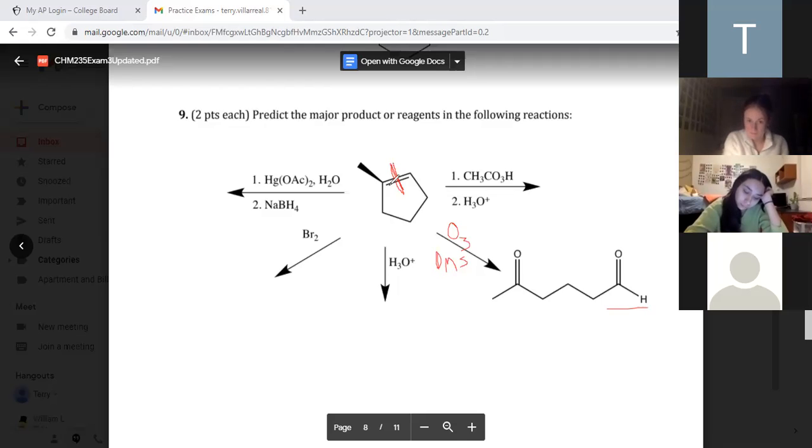All right, and for our last one, CH3CO3H plus H3O+, what are we forming here? You add 2 hydrogens in addition to where the double bond is. You're going to add 2 alcohols.